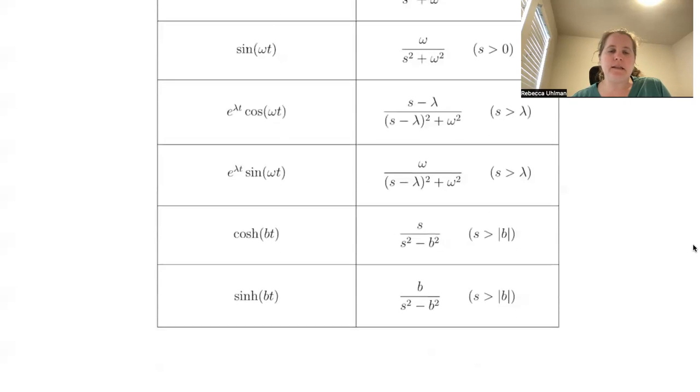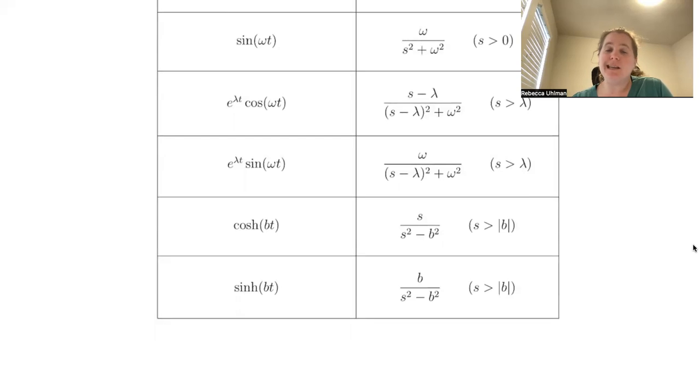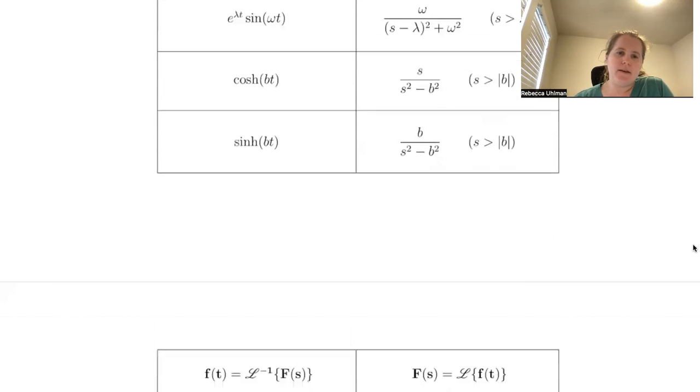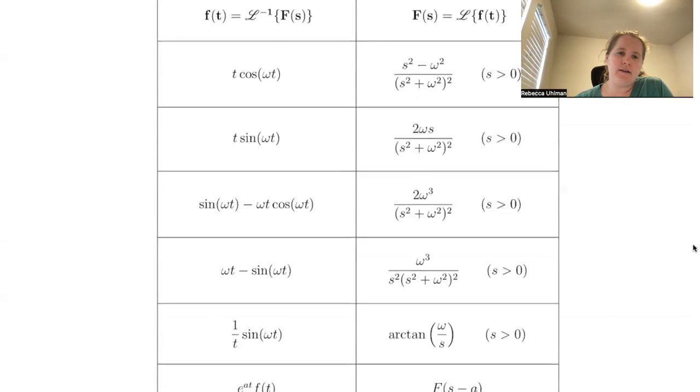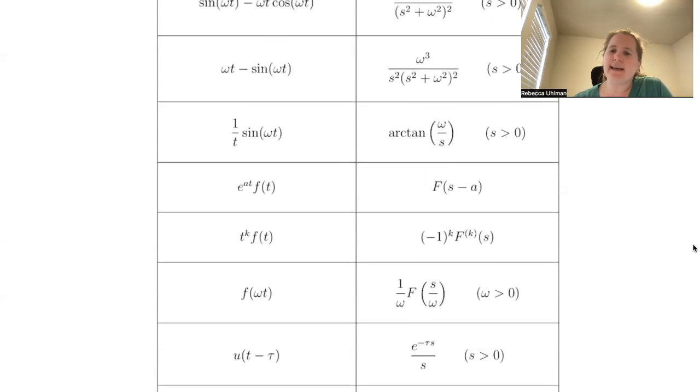So our relevant lines, we have an e to the lambda t sine of omega t is a relevant line. And then another relevant line is our t to the k times f of t. So we will need both of those in order to evaluate our Laplace transform using the table, not using the improper integral definition. I'm going to go ahead and transfer those two lines over to our notes.